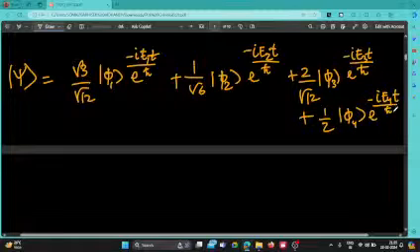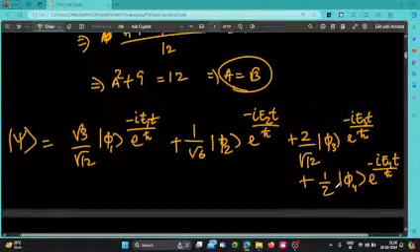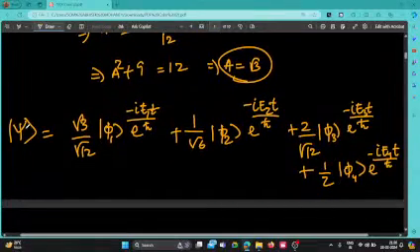Is that clear to everyone? So this is your state psi t after a time t.